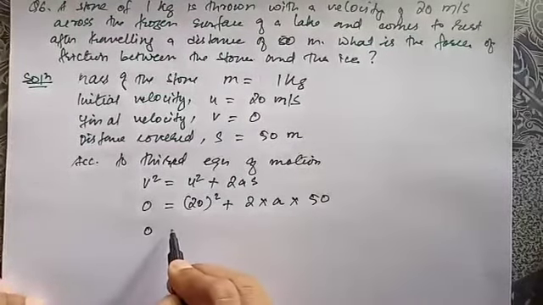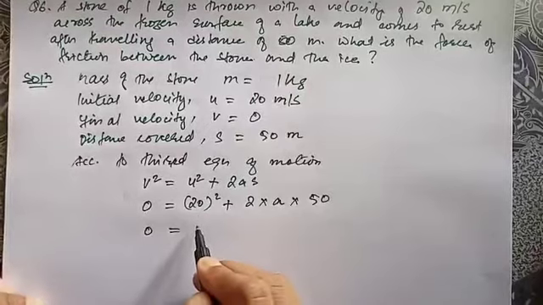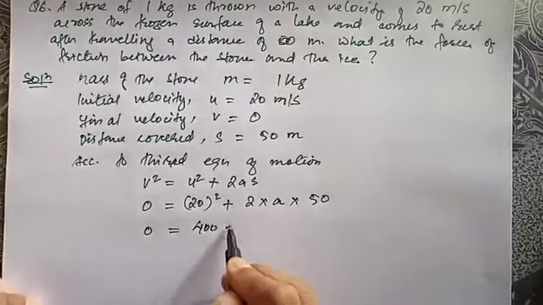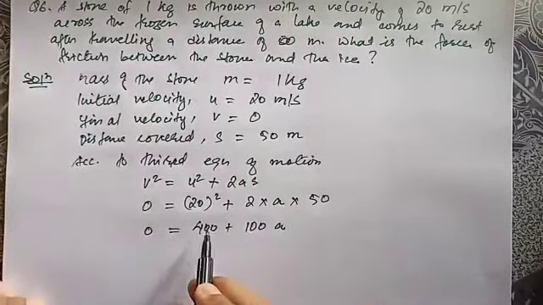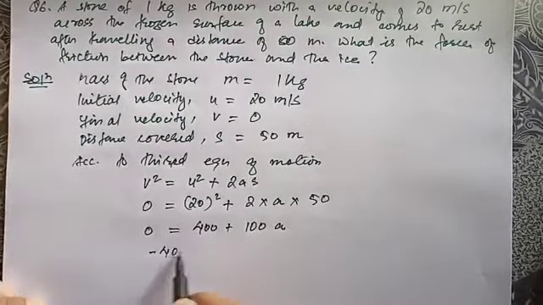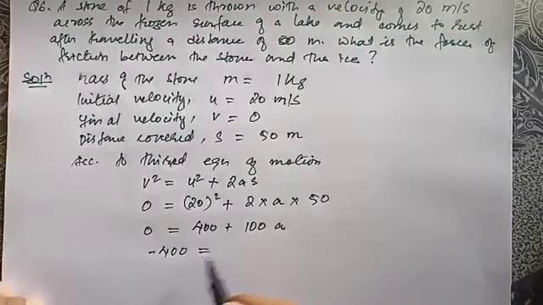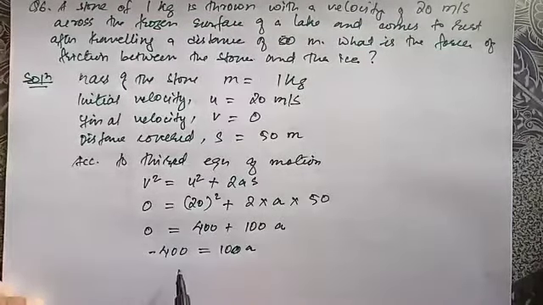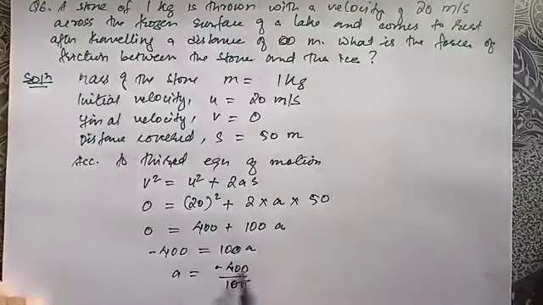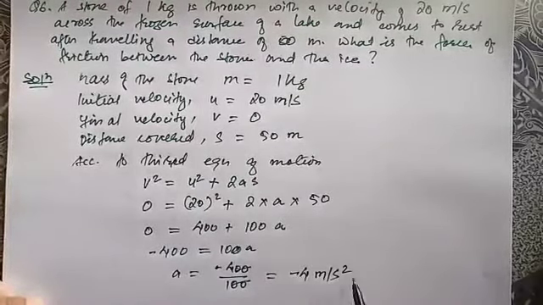So the left side will be 0. 20 squared is 400 plus 2 into 50 is 100a. So this 400 will go to the other side and become minus, and we have only 100a here. So we can write a is equal to minus 400 by 100, and if you cancel, you have only minus 4 meter per second square.